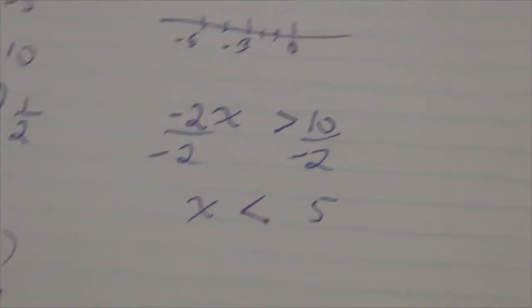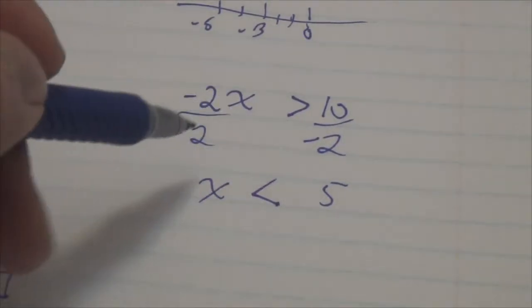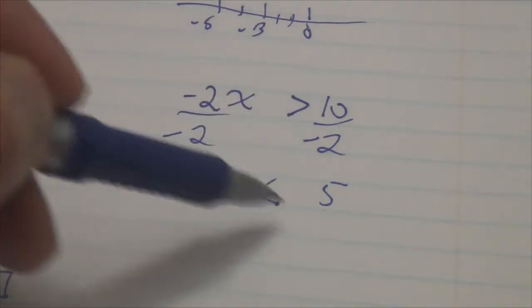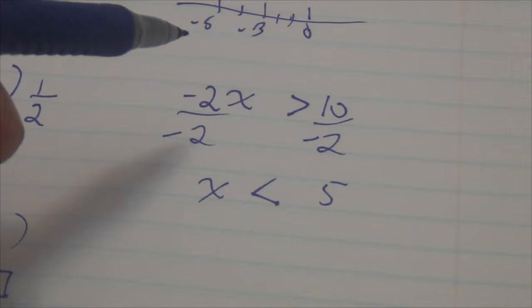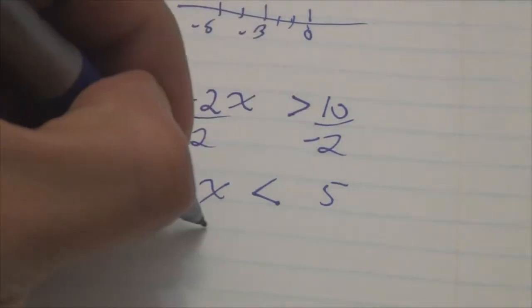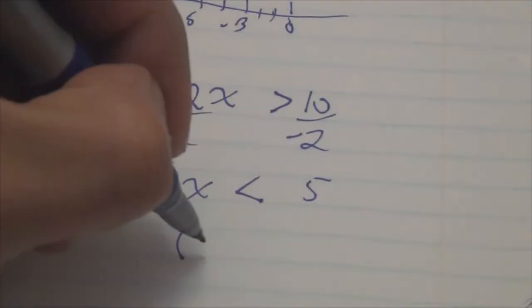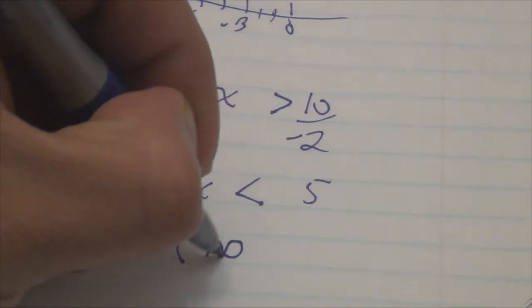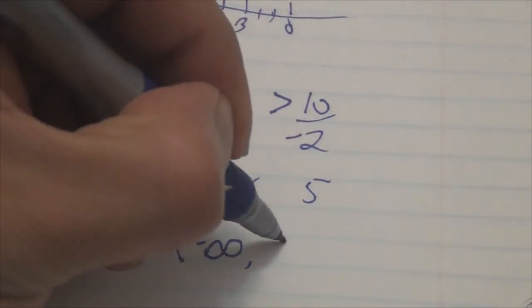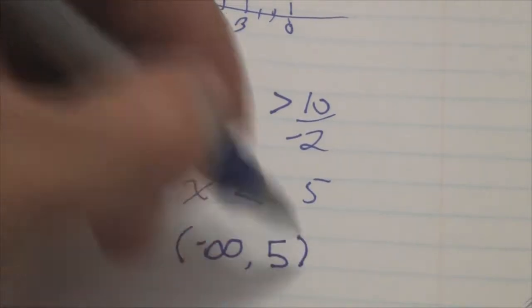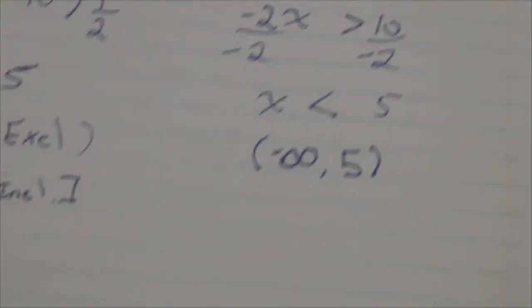The inequality symbol switches. What does this mean? x represents all the numbers that are less than 5. So 4, 3, 2, 1, 0, and so on. So now your solution set is going to look like this. It's going to go from negative infinity all the way to 5, but not including it.